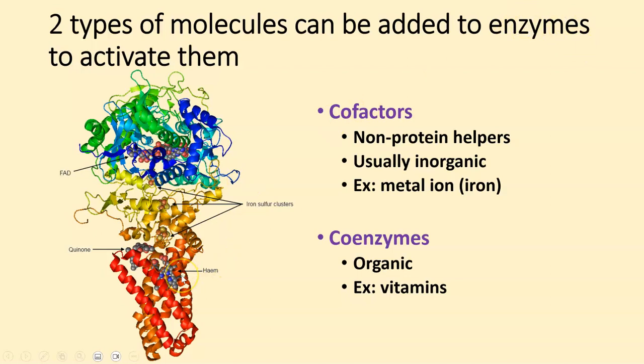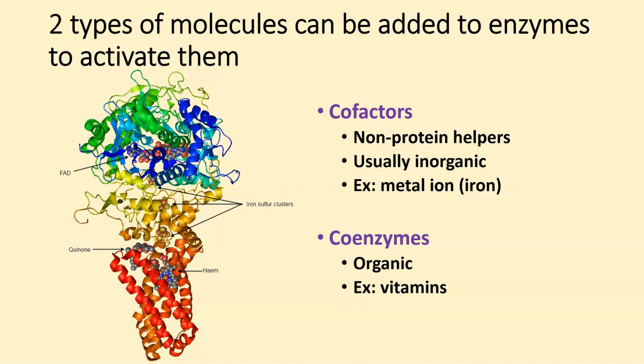Heme is another cofactor. In addition to the cofactors, hemoglobin also has coenzymes, which are organic molecules that are added to the enzyme to activate it. So these might be things like vitamins. So for hemoglobin, we have heme. I'm sorry, no, that was actually a cofactor.